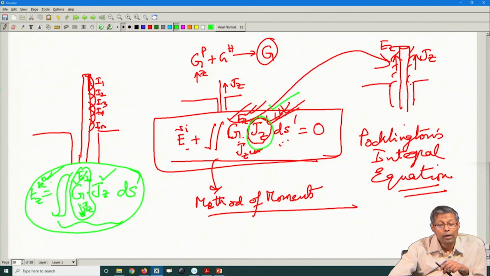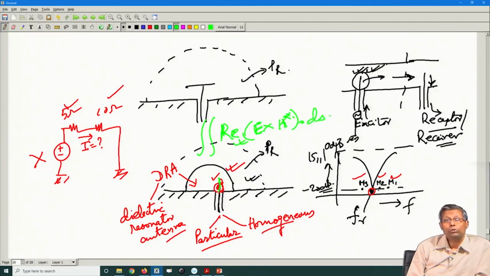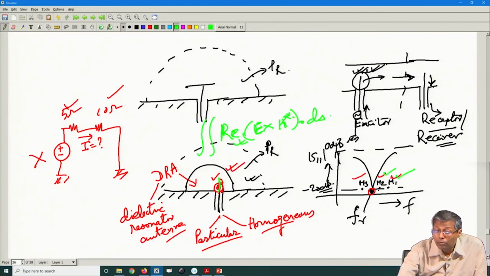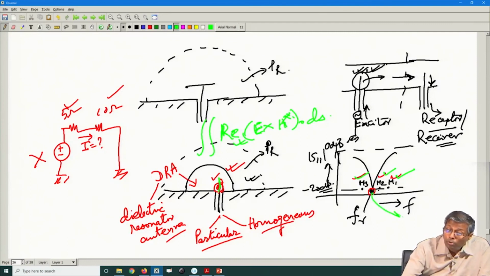And therefore, I can find out E cross H star, or real part of E cross H star, double integral ds, for that particular mode, and thereby I can quantify the power radiated by each of these modes, and I can have a chart showing at this point what are the powers radiated by the individual modes and which mode therefore is dominantly contributing to the radiation here.